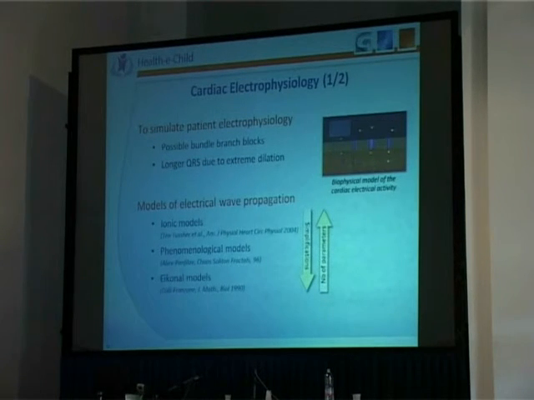The problem here is that you have a lot of models that have been developed, from very accurate models with a lot of parameters, to very simple models with fewer parameters, but maybe less accurate, and that cannot reproduce every electrophysiological pattern. And we have to find a compromise between the level of accuracy and the ability of personalization of the model.